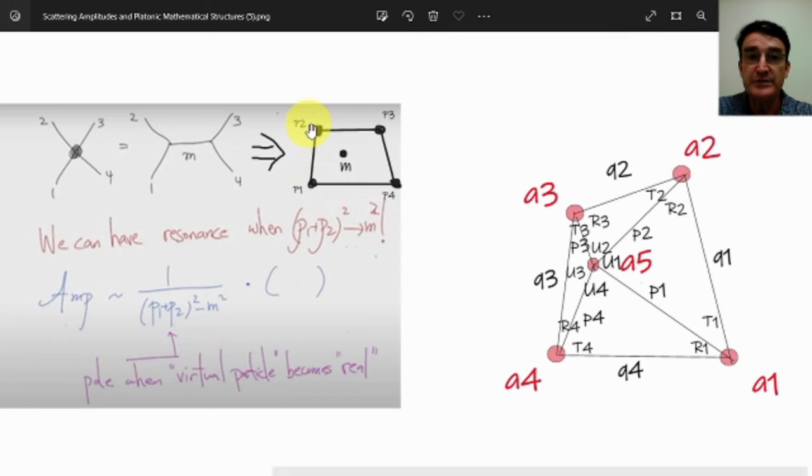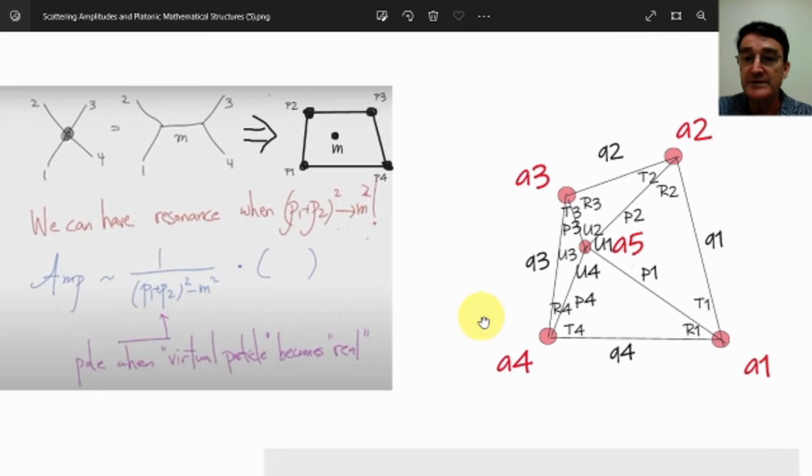P1, P2, P3, P4 are the 4 momenta of the scattering process, and M is the virtual particle. And over here on the right, we have a representation from universal hyperbolic geometry of this shape here with the fourth particle in the interior.